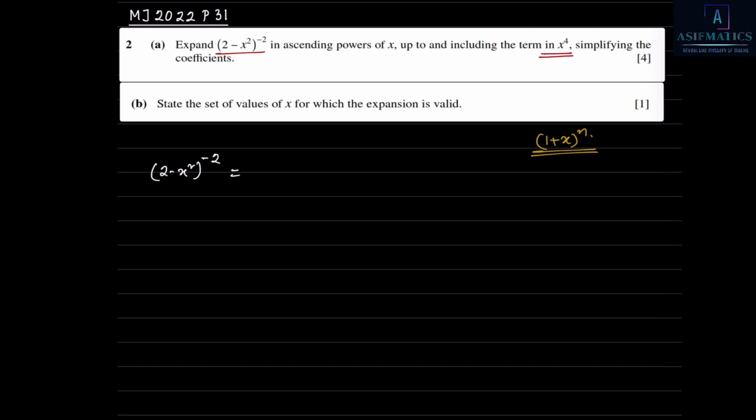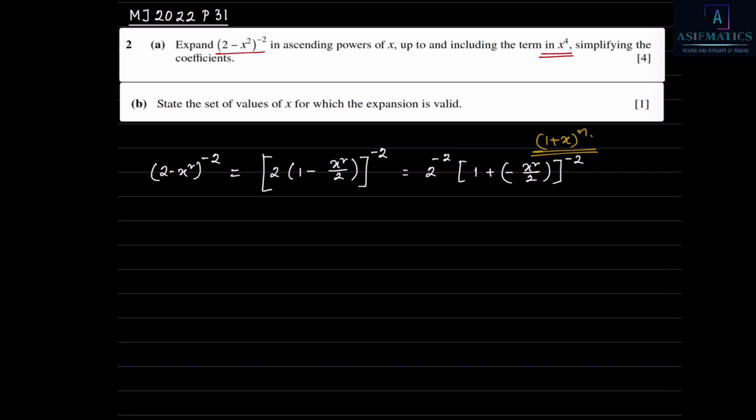Here we can take 2 outside as common, and then write 1 minus x squared by 2, and then the whole to the power negative 2. Or we can write 2 to the power negative 2, and inside we write 1 plus minus x squared by 2, and then to the power negative 2.